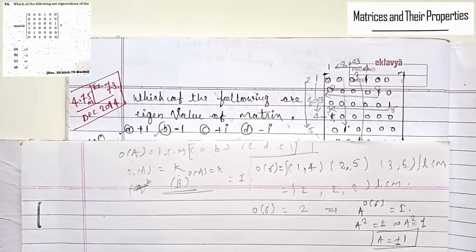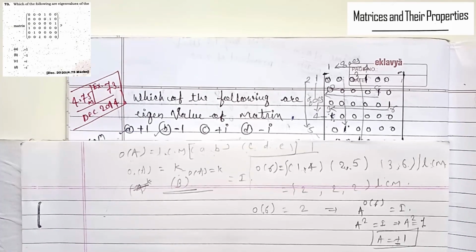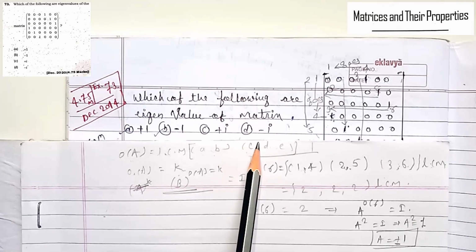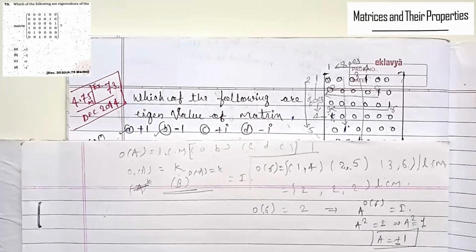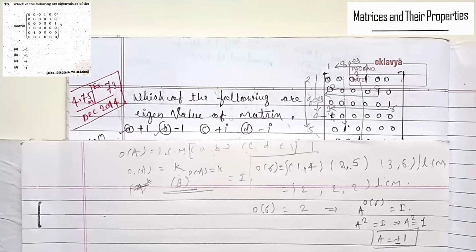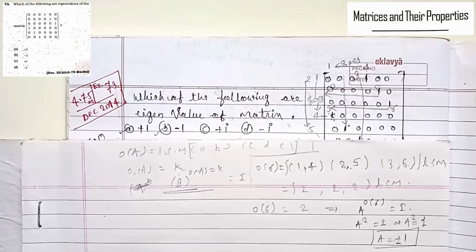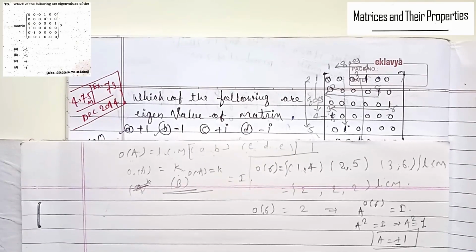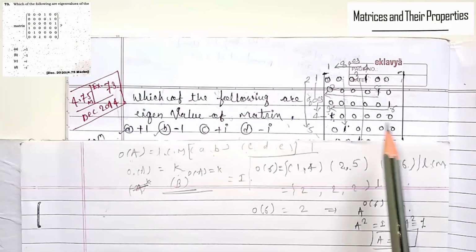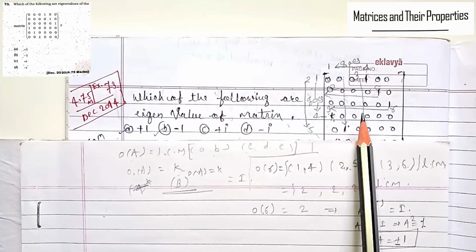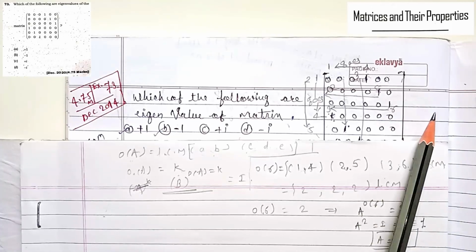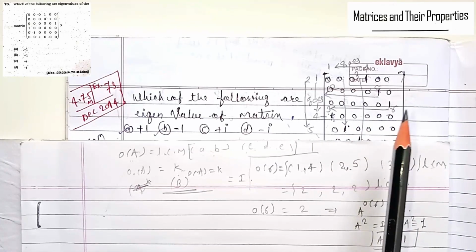For solving a question like this in the exam, we have multiple ways to solve it. But if you know the standard property that it is a permutation matrix, you will directly get plus and minus 1 as eigenvalues. Most of the time these exam questions look quite difficult, but in actual they are not.